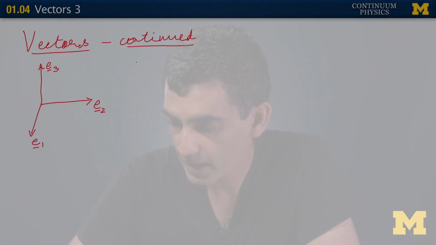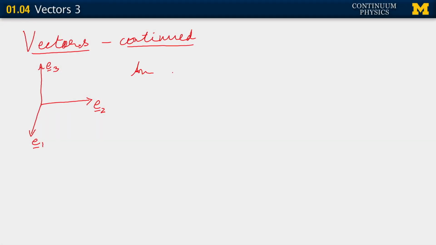And in particular, we are going to do the following. We have now introduced right here an orthonormal triad, right? An orthonormal triad of vectors. Okay. In addition, these vectors are right-handed.